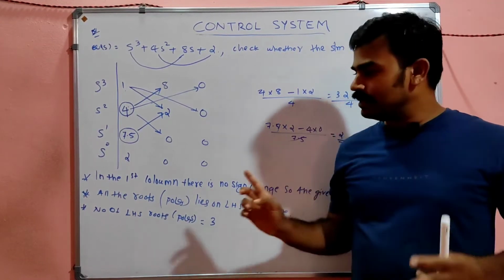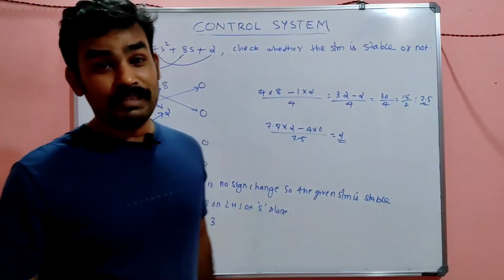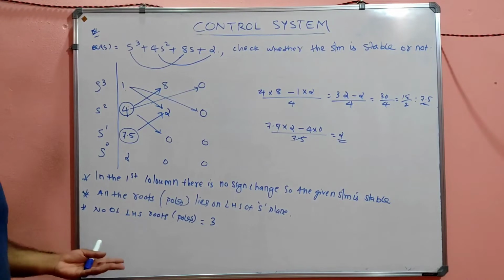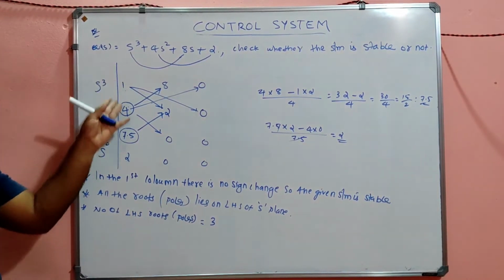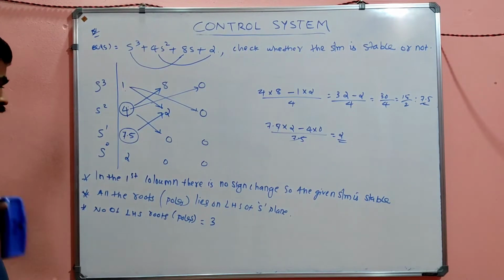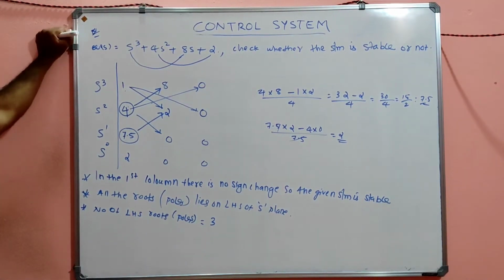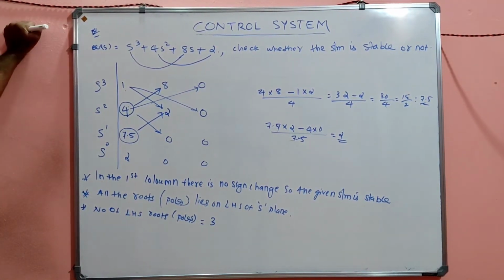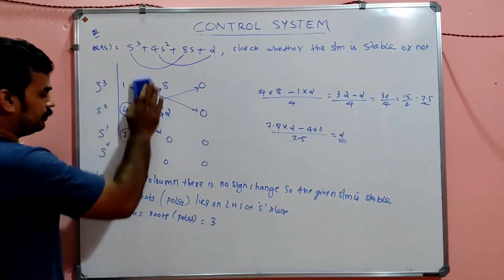These 3 poles are located on the LHS of the S-plane because the system is stable. There is no sign change. So this is how you have to solve for the RH table. Is it clear, my dear? Okay. Can we go for the next question?